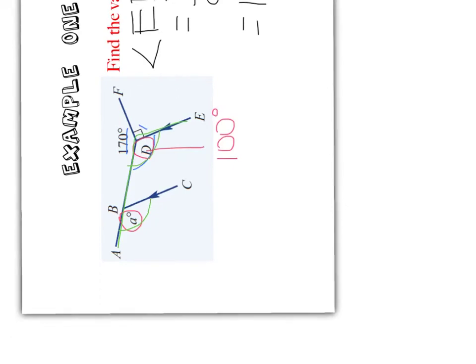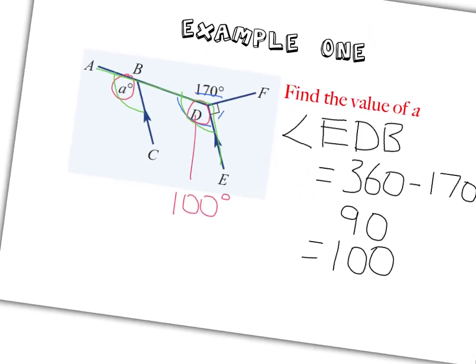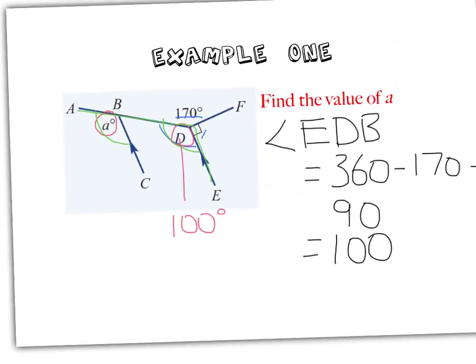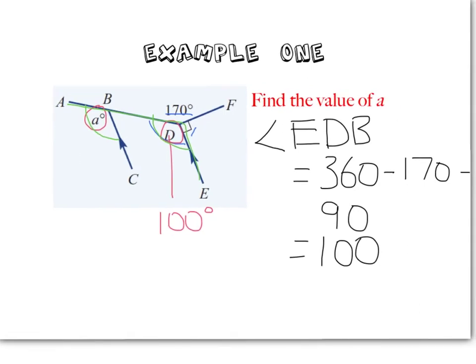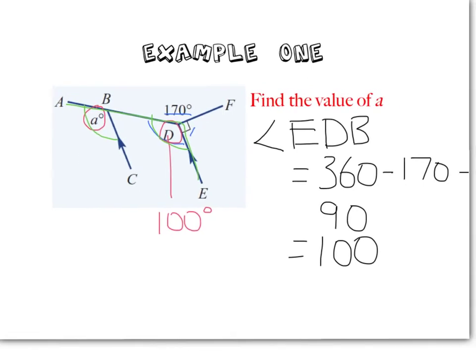And I know that corresponding angles are equal. So if D over here is equal to 100 degrees, it must mean that A over here is also equal to 100 degrees.